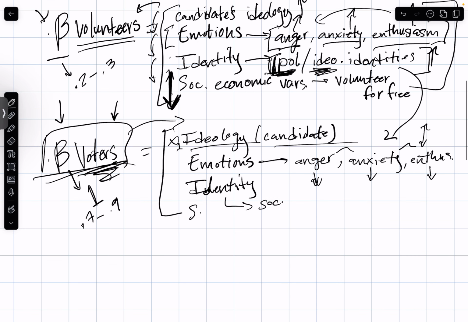All right, is there another one? Oh yeah, and lastly, it's the same thing again, because it turns out voters and volunteers are just regular people. They're just doing different things. Socioeconomic conditions. Similar for volunteers, right? If people personally don't have the time or the money to go out and vote, right?